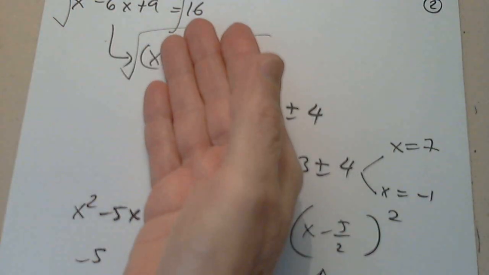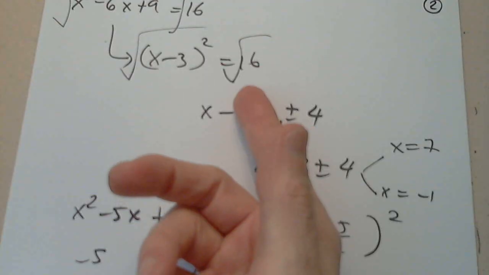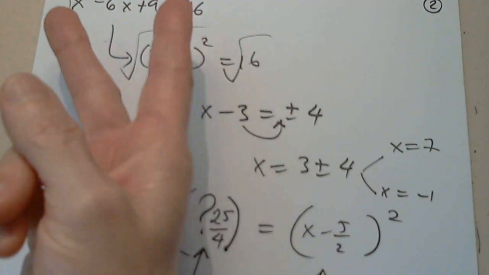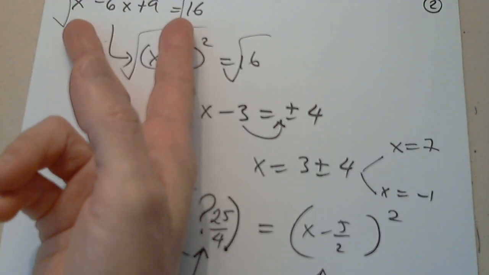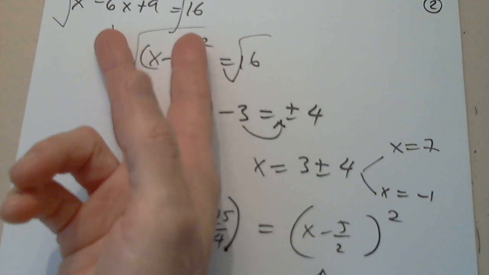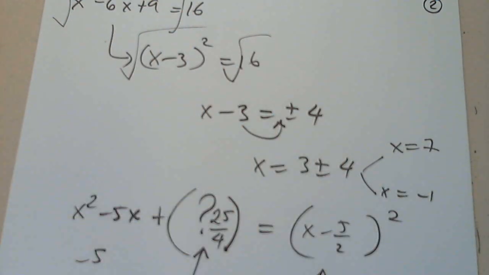If it's not quadratic, I cannot use the square root property. It has to be quadratic, but it has to be set up like this. In this situation, I cannot apply the principle or the property of taking square roots. I have to complete the square first.